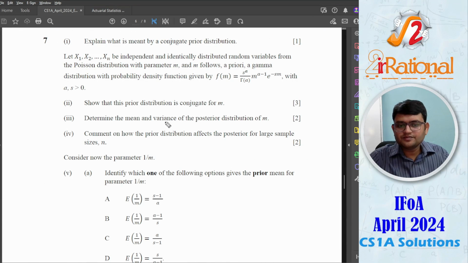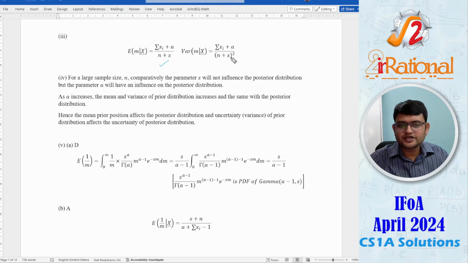Third part, determine the mean and the variance of the posterior distribution of m. So we'll use the gamma distribution mean and variance, that is alpha by lambda and alpha by lambda square. Okay, and the fourth part, comment on how the prior distribution affects the posterior for large sample size n. So here are the expected value and variances, and we'll say for a large sample size n, comparatively the parameter s will not influence the posterior distribution, but the parameter a will have an influence on the posterior distribution.